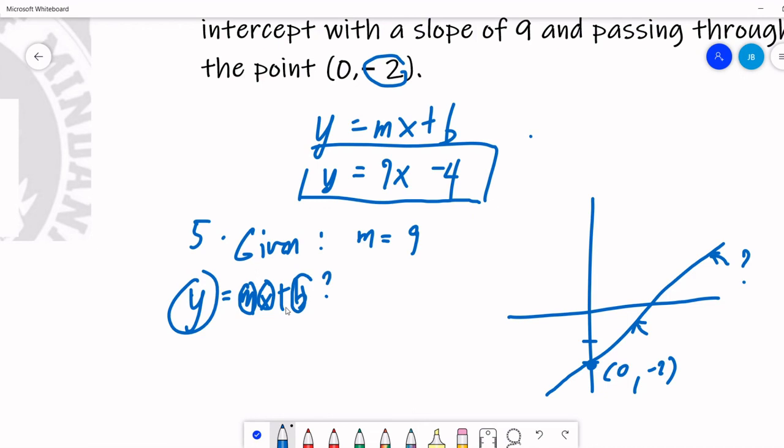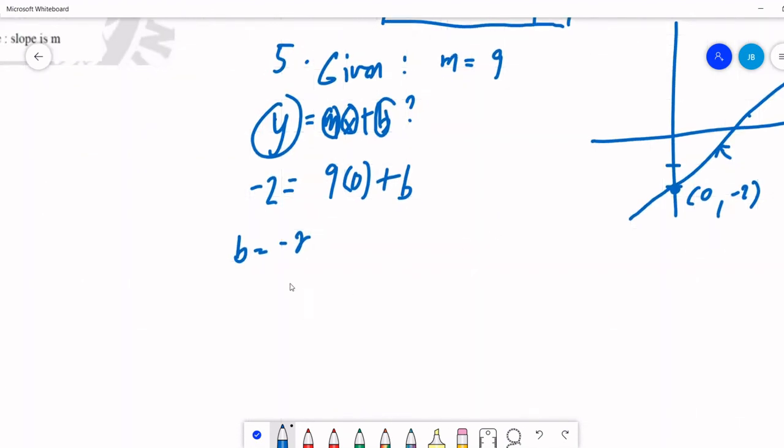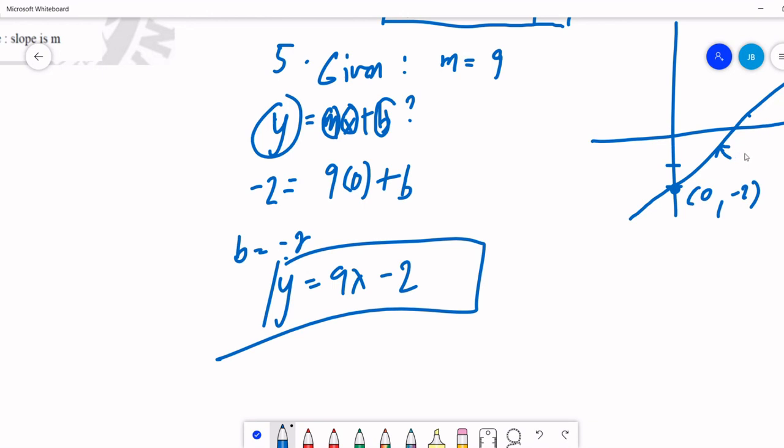So if you substitute, negative 2 is equal to 9 times 0 plus b. Therefore, b is equal to negative 2. Therefore, you will have a final answer of y is equal to 9x minus 2. This is the equation of that line.